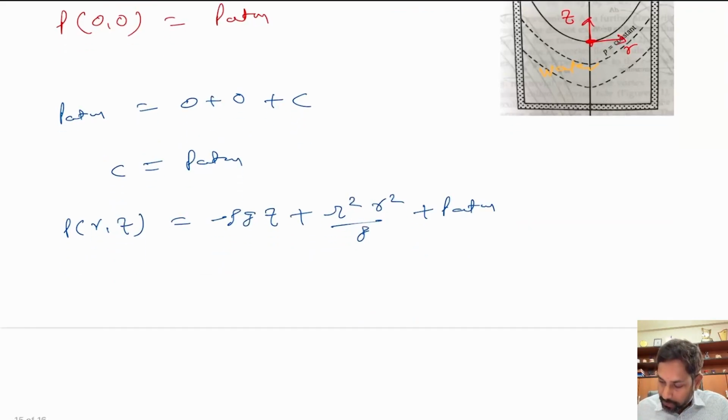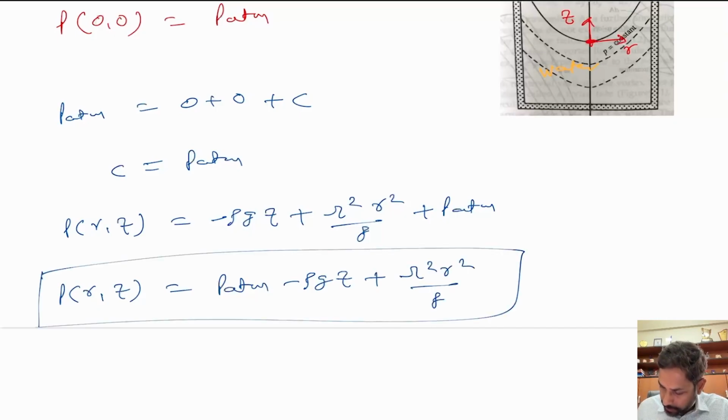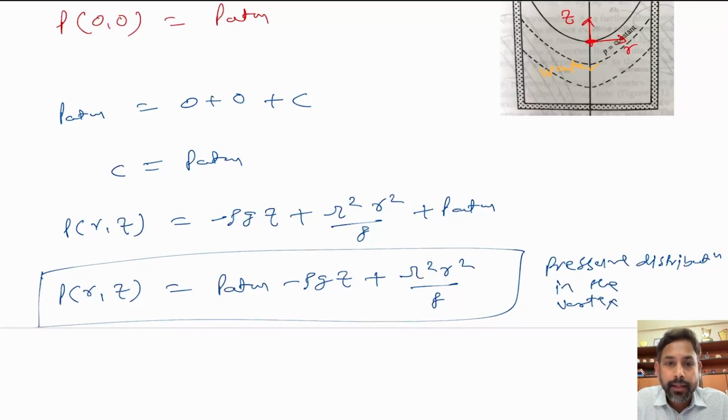And now if you want to define the shape of the vortex, let me rearrange it. So this is P atmosphere minus rho g z plus omega square r square by 8, right? So now you can see this is the pressure distribution in the vortex, and this depends both on z and r.